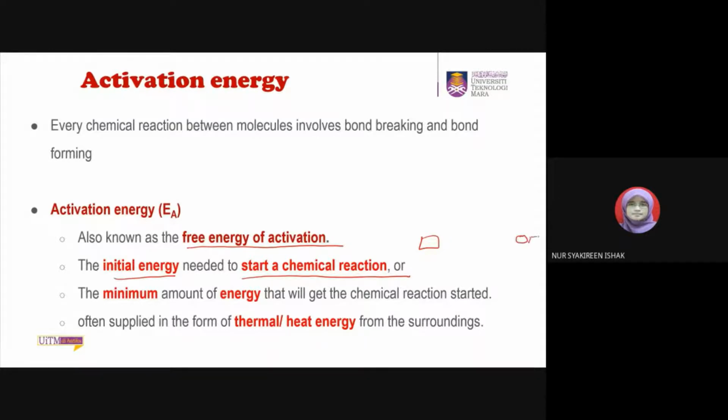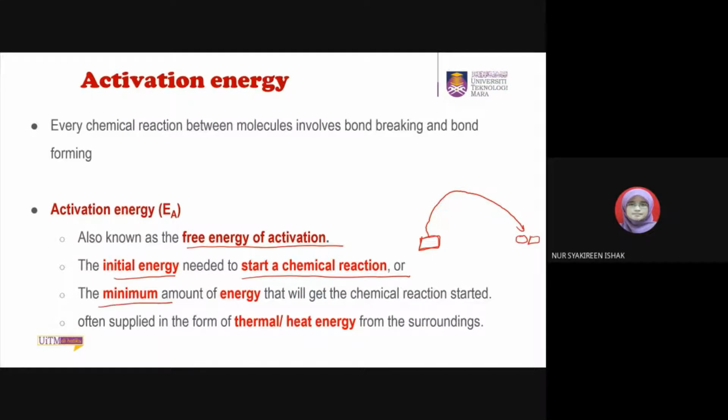So this reactant has to have a start of energy for it to reach the transition state before it is converted into product. Which is the minimum amount of energy that will get the chemical reaction started.